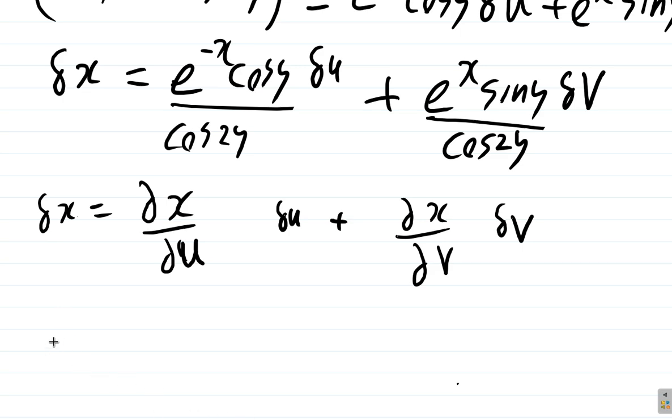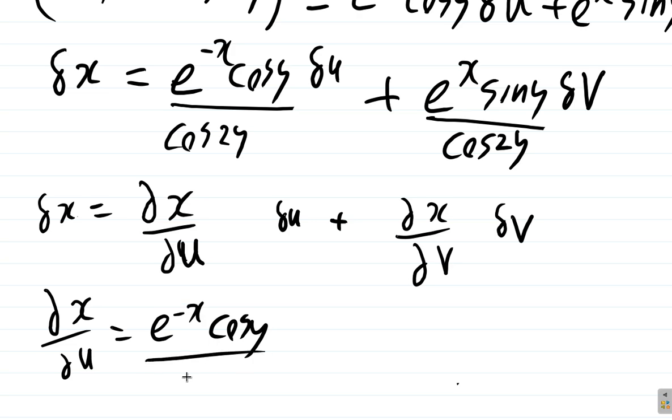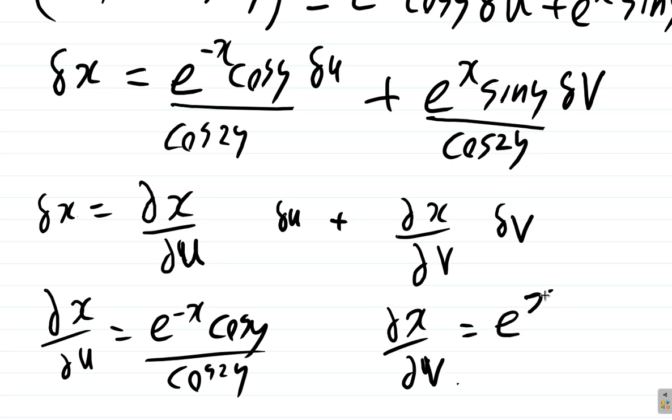That means the partial derivative of h with respect to u is equal to e to the negative x cos y by cos 2y, and the partial derivative of h with respect to v is equal to e to the x sin y divided by cos 2y. See that?